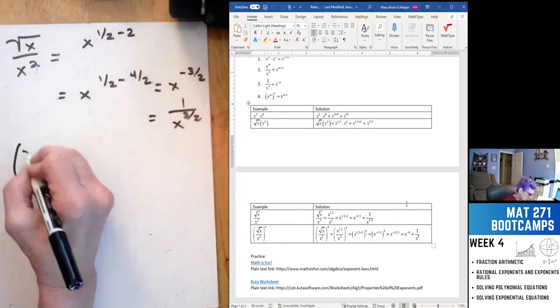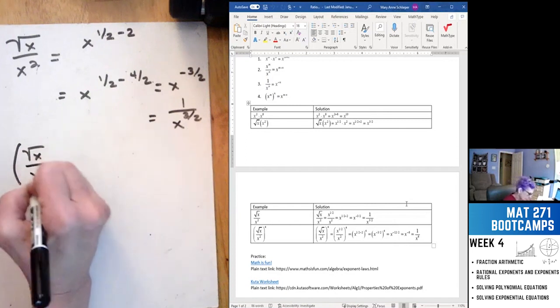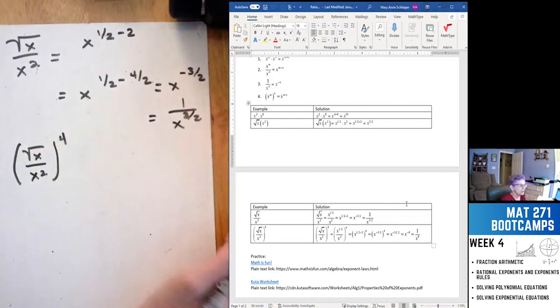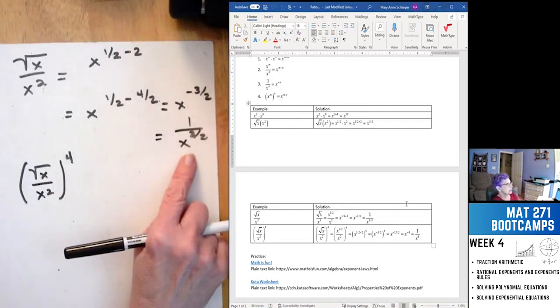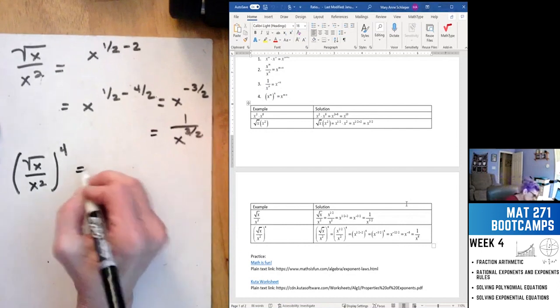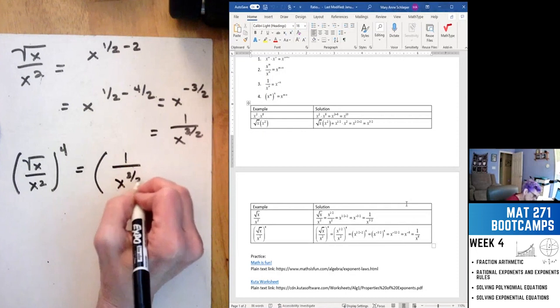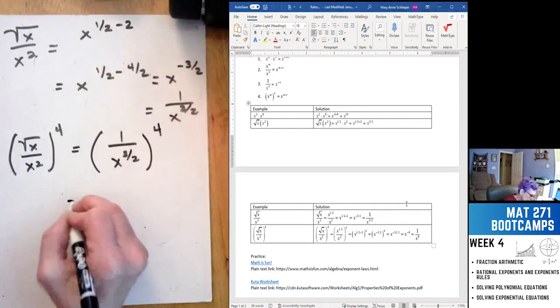And let's see, the last one, I have the square root over x squared raised to the 4th power. Well, that happens to be the exact same thing I had here, square root over x squared. So I'm just going to put 1/x to the 3/2 to the 4th power.